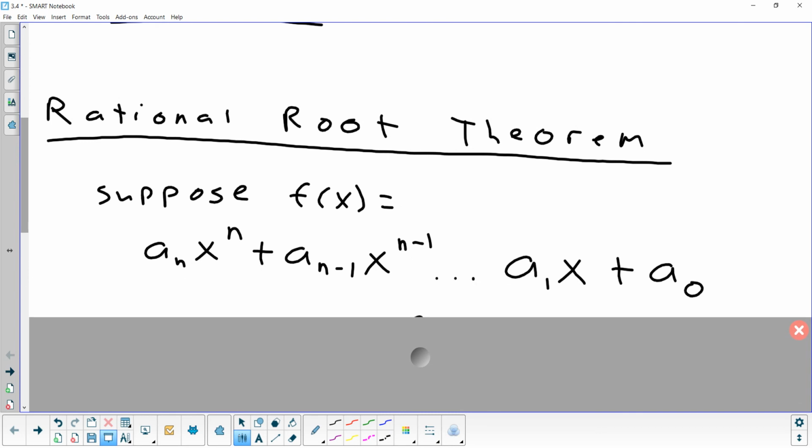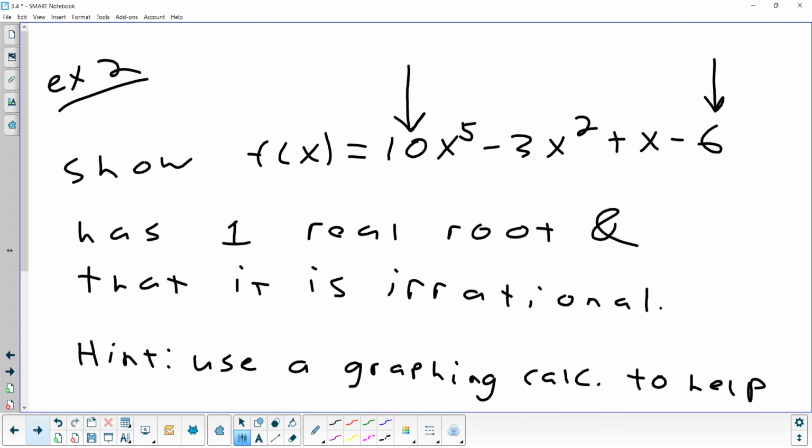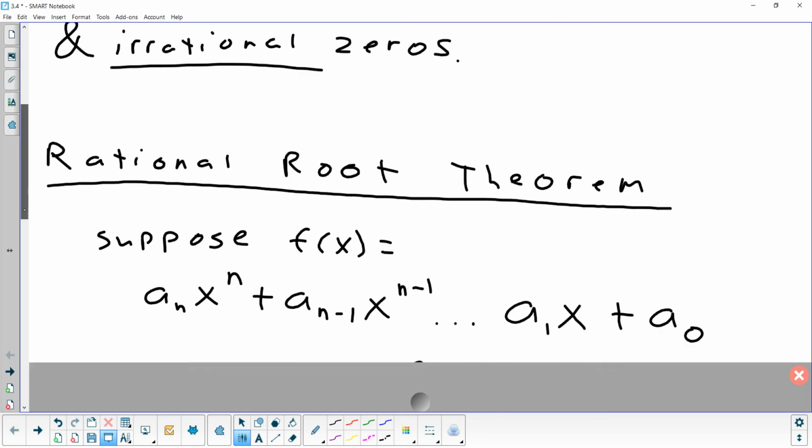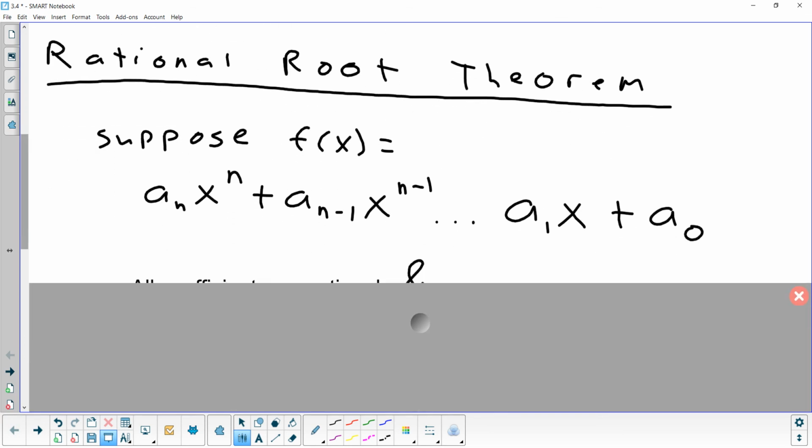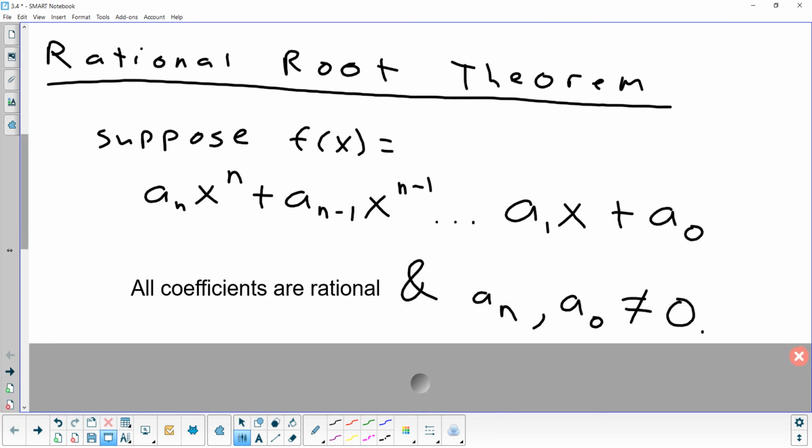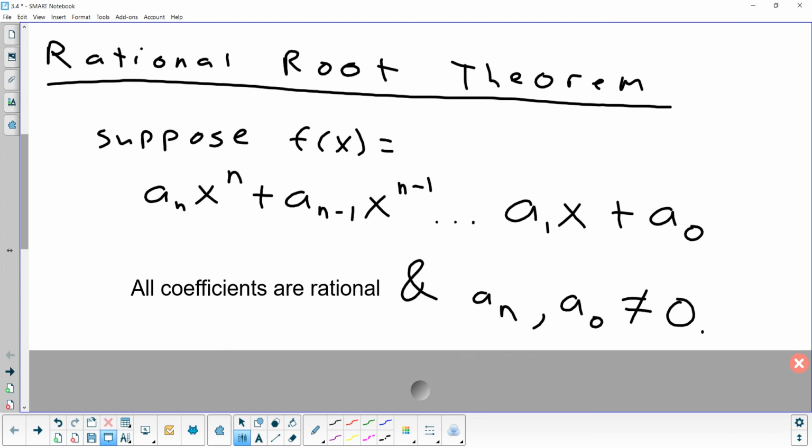So suppose you have some type of polynomial, just like I showed you on the other page. You're going to have all these terms filled in. How many terms? Well, depends on what they give you. The one we're going to do next has 4 terms. It is important in the polynomial that all the coefficients are rational.